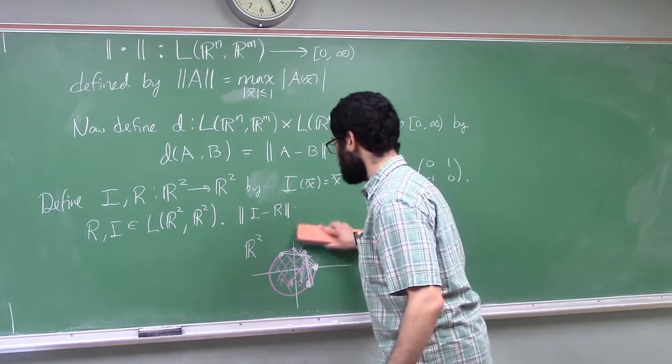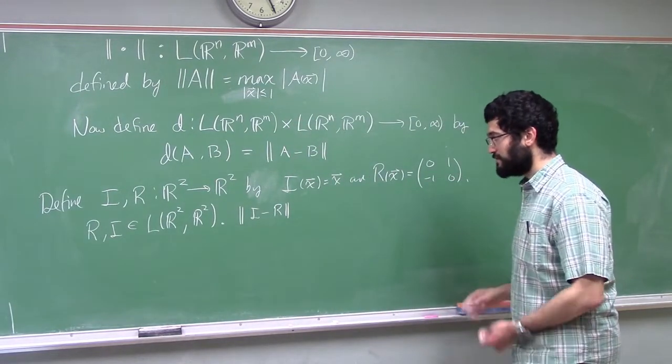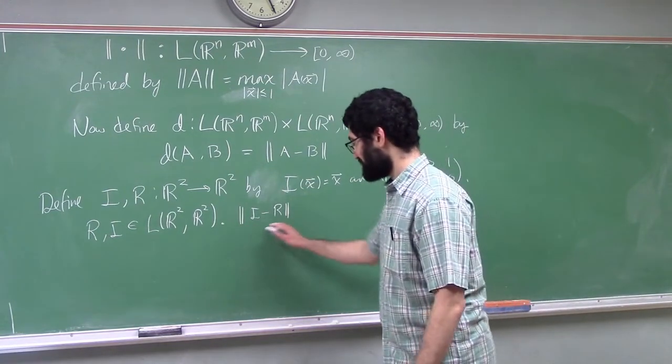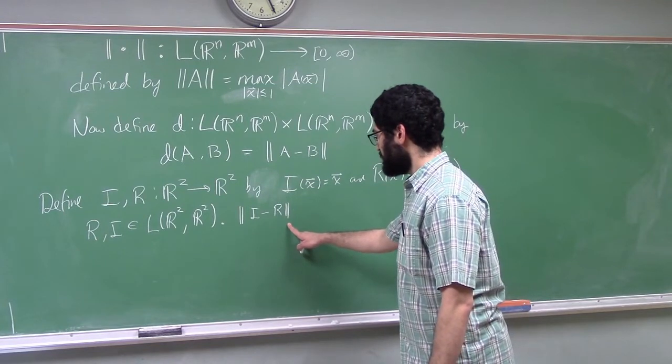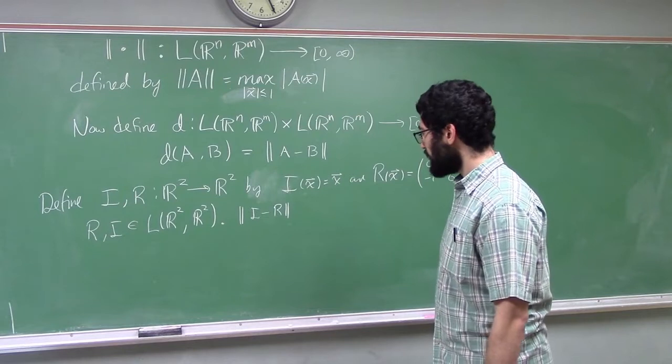So what I'm doing right now is not particularly useful. I'm just toying around with the definition just to get some kind of feel for it. Okay, so I want to show this is root 2. Well, it's the max of a bunch of things.